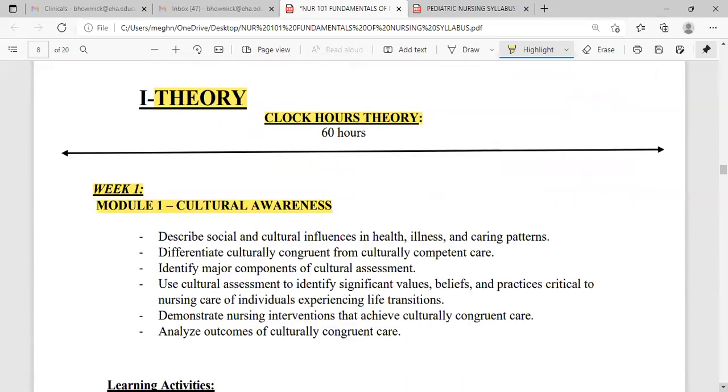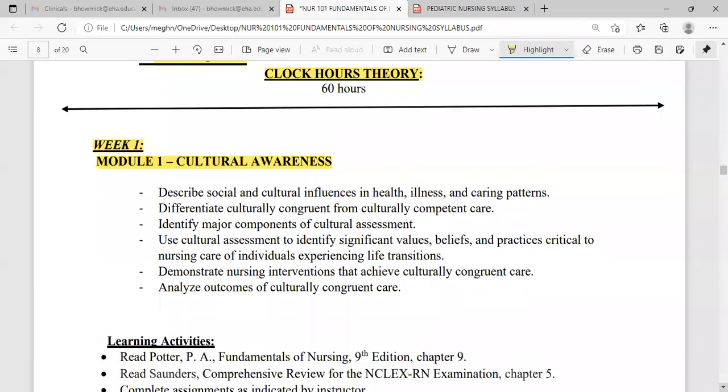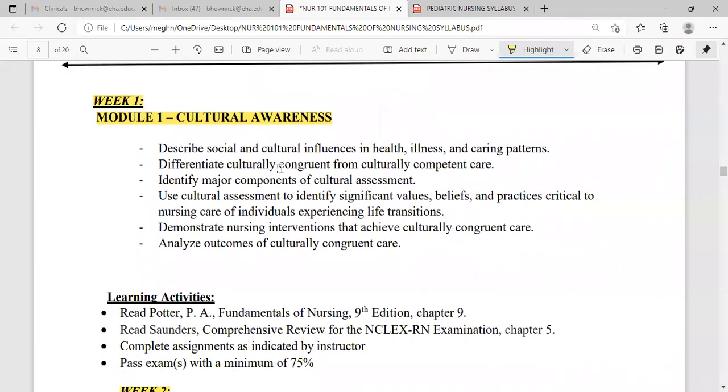And now we are going to talk about some module content details, what is actually discussed. So week 1, as I told you, module 1, cultural awareness, chapter 1.